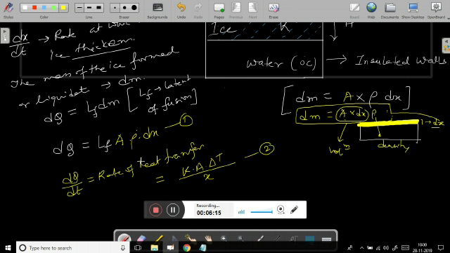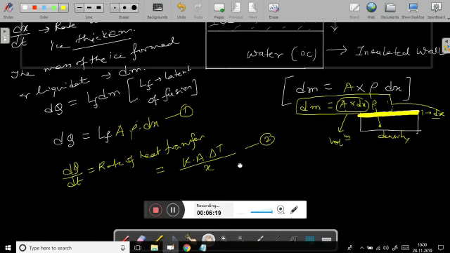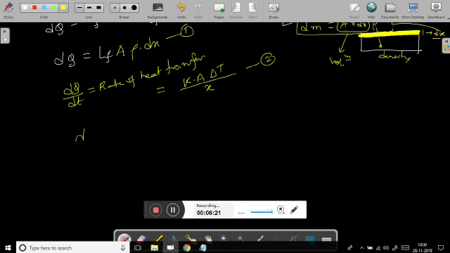Now these two equations, this is done by equation 1. From equation 2 we will get dQ is equal to K into A into delta T divided by x into dt. So this will be our equation number 2.